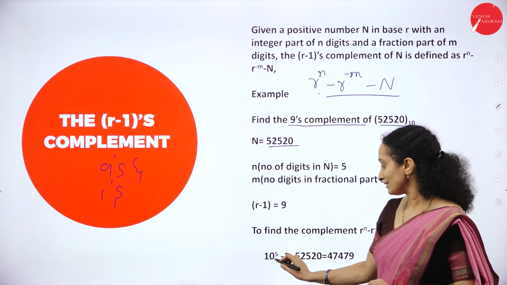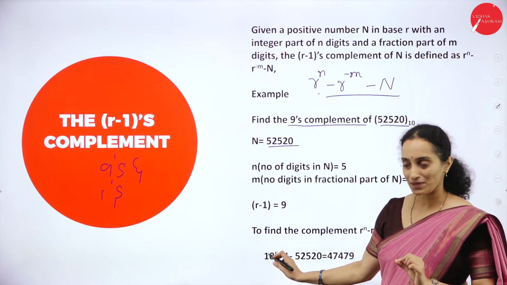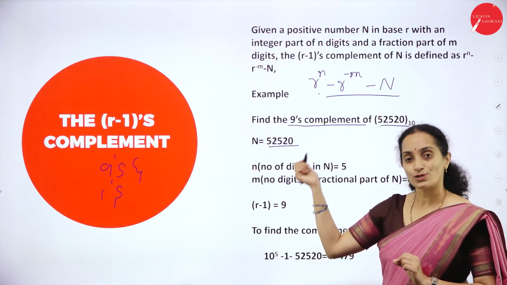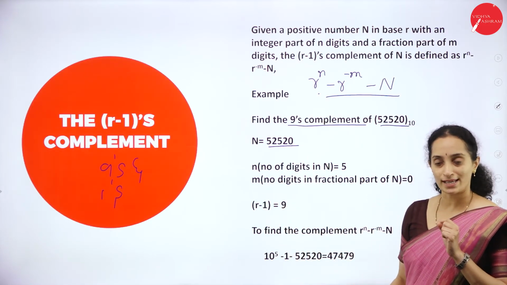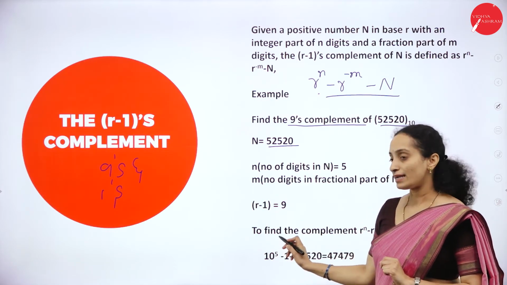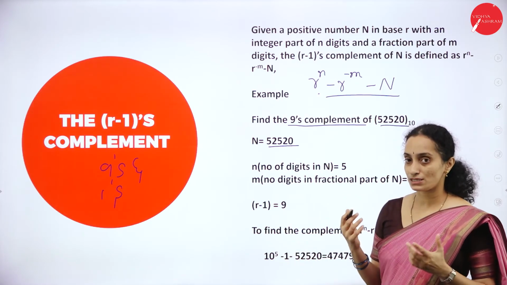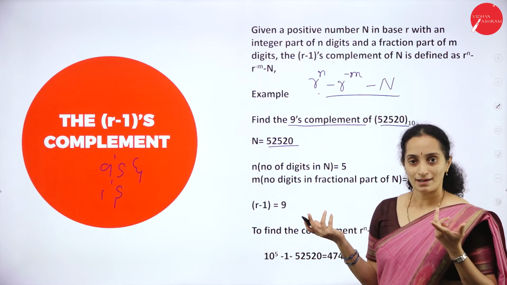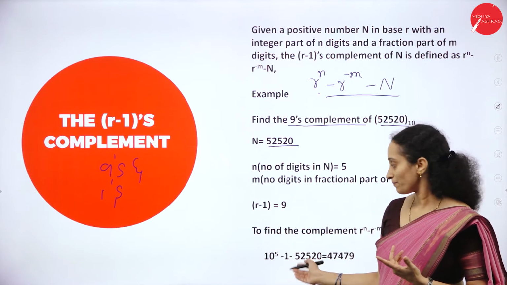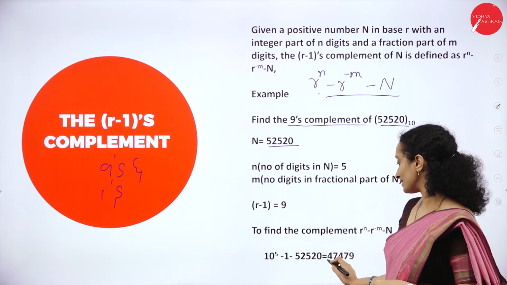Here R is 10 only, because we are finding the 9's complement. So it is 10 to the power of 5 minus 10 to the power of 0, because there is no fractional part, so it is 1, minus 52520.